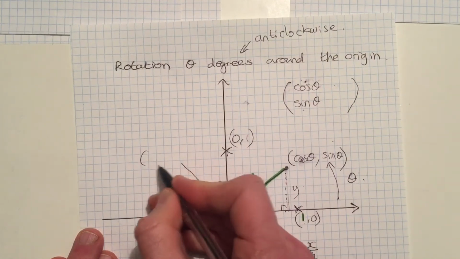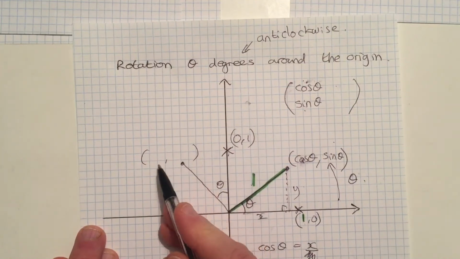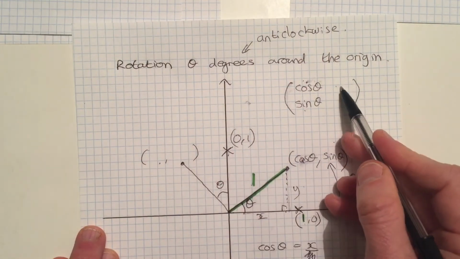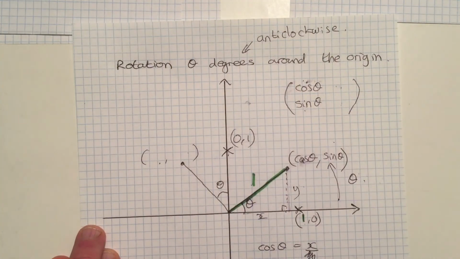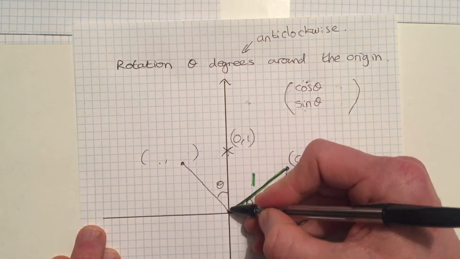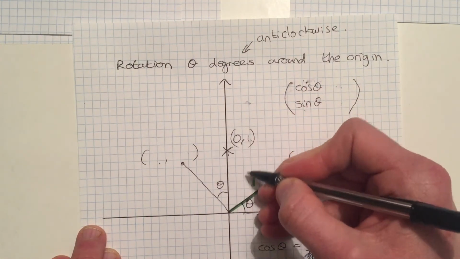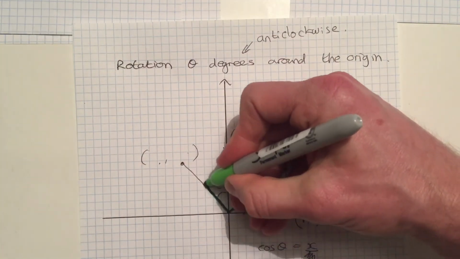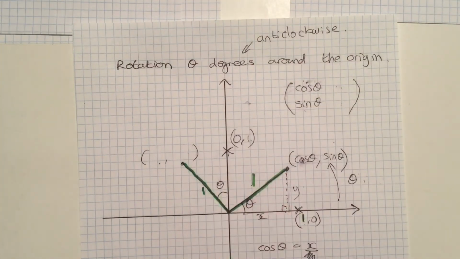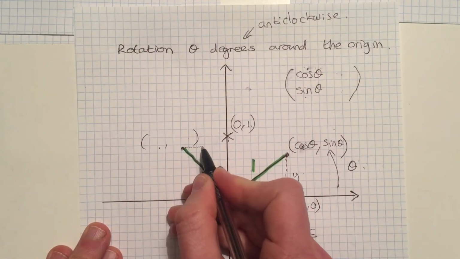I want to work out the coordinate of this point here, because that's going to be my B value and this is going to be my D value. Just like before, I know that this length here is 1 because of this. Therefore, this length there will have to be 1 as well, just to be consistent. And just like before, I can draw a little right-angled triangle here.